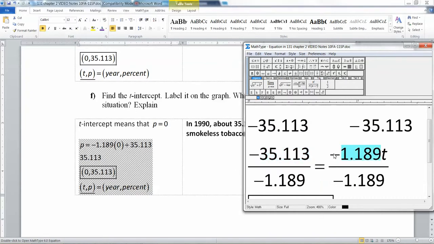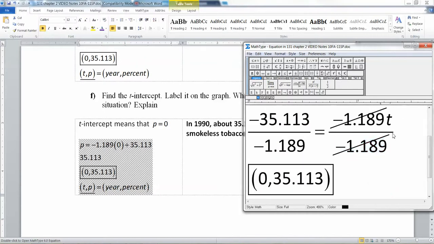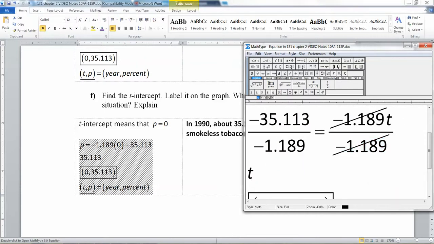Okay, so then these cancel. Well, cancel is a bad term. They divide, right? Negative 1.189 over negative 1.189 makes 1, and 1 times t is t. So you get t is equal to whatever this number is. Now notice it's positive.